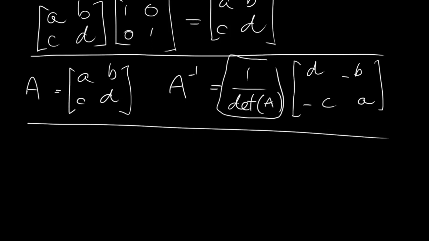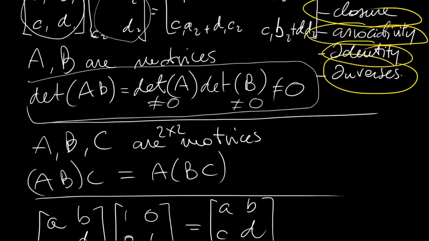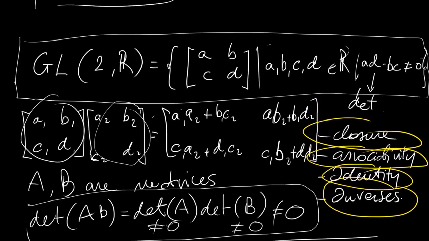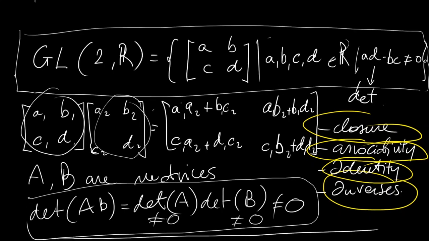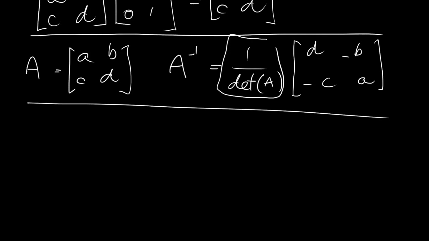If I don't make any restrictions on my set, and my set is the set of all the 2 by 2 matrices, then there is at least one of them where the determinant is 0. If AD is equal to BC, then the determinant is 0. So if this happens, then that matrix doesn't have an inverse. So the set of all the 2 by 2 matrices under matrix multiplication is not a group.